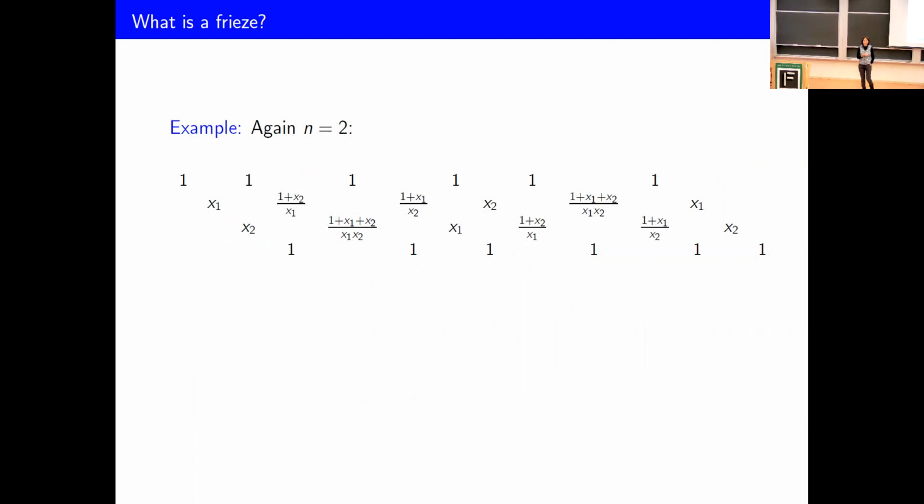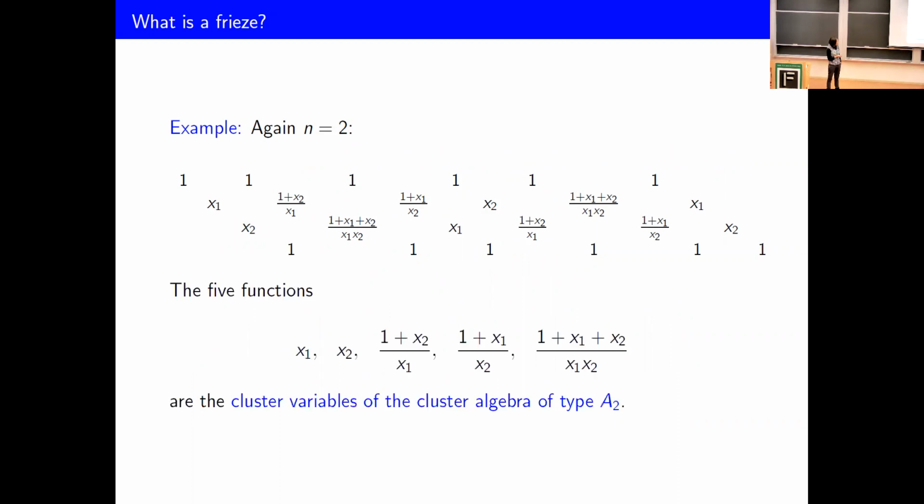If you ever put your hands on cluster algebras, work out one example, here is the example. What is happening here is that these 5 functions are 5 rational functions in 2 variables. I don't know whether any of you have seen these 5 functions together?